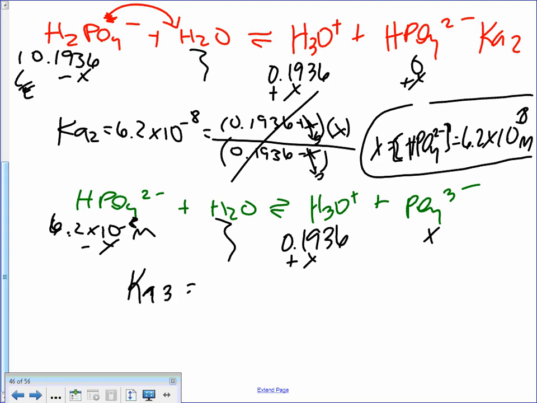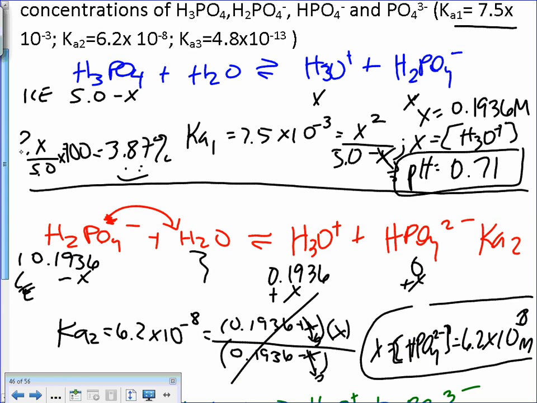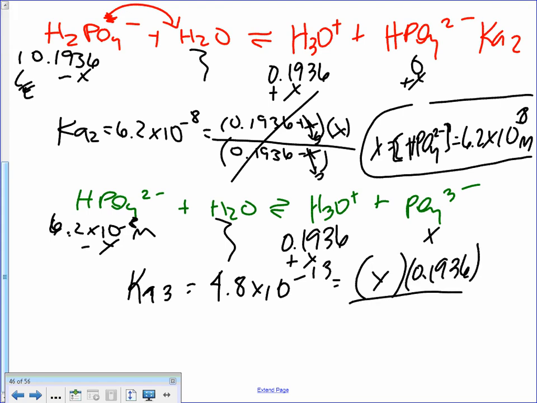which is 4.8 times 10 to the negative 13th. 4.8 times 10 to the negative 13th is equal to X times 0.1936 plus X, over the 6.2 times 10 to the negative 8 minus X. And so when you go through and you try to neglect X, you can.